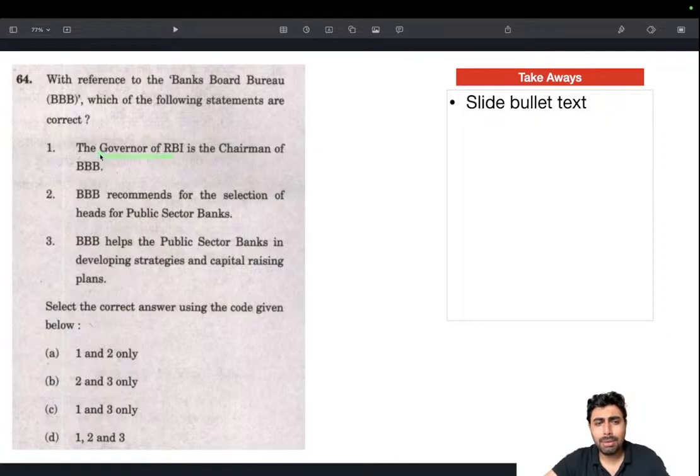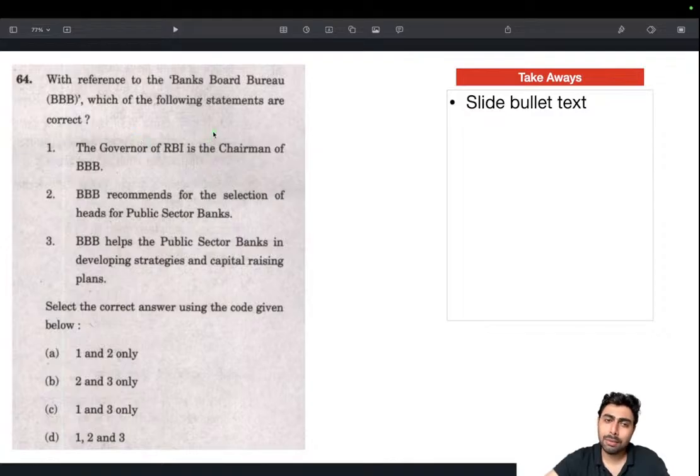Also, if the statement was given like the governor of RBI is the chairman of Banks Board Bureau, there would be a reference like ex officio chairman. Because this is another body, and the governor of RBI, because he or she is the governor, becomes the chairman of this board. So if the governor of RBI is the chairman, there is a good chance that it should be mentioned as ex officio, because they won't be directly chairman, they will be chairman because they are governor of RBI.